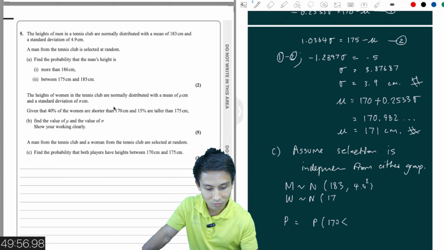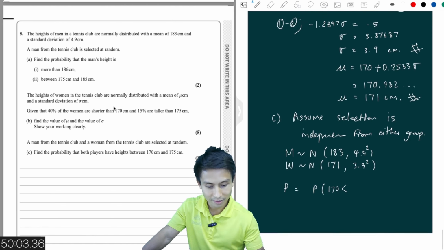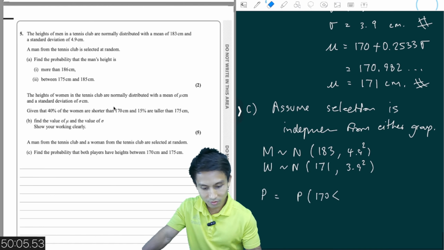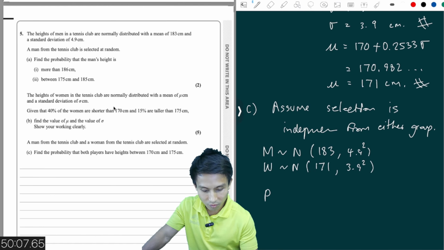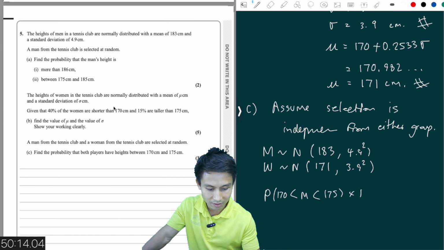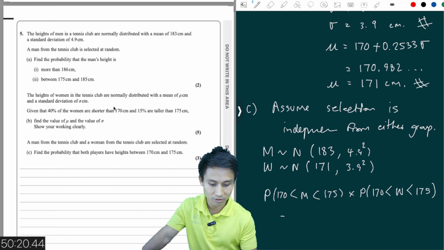We already got the value 171 and 3.9 squared, that's for the women. And then we want probability of men being between 170 and 175 times probability of women being between 170 and 175 as well.